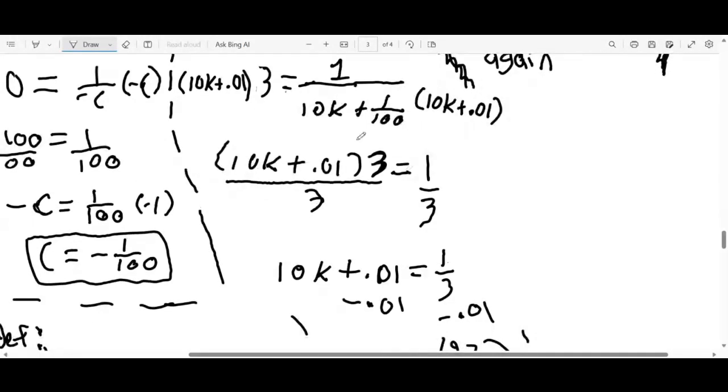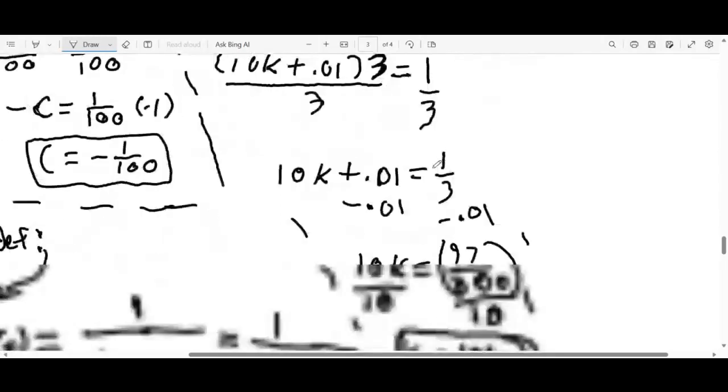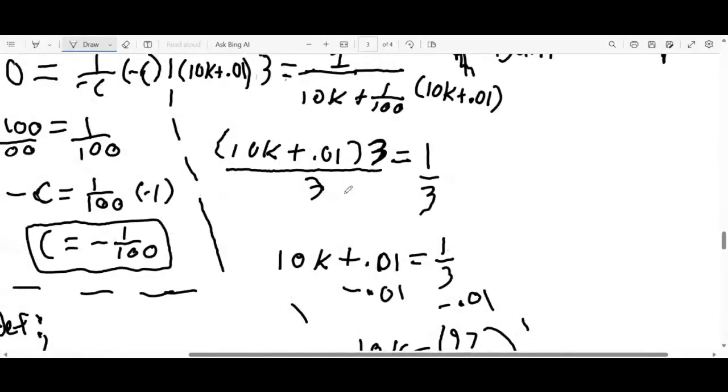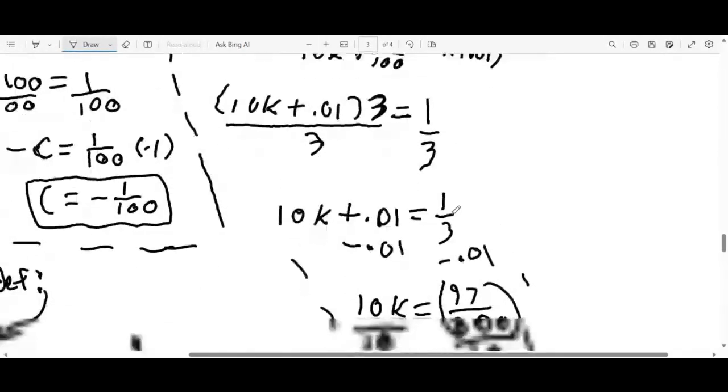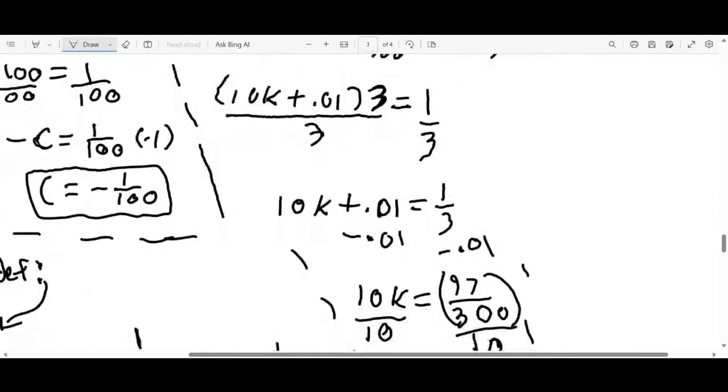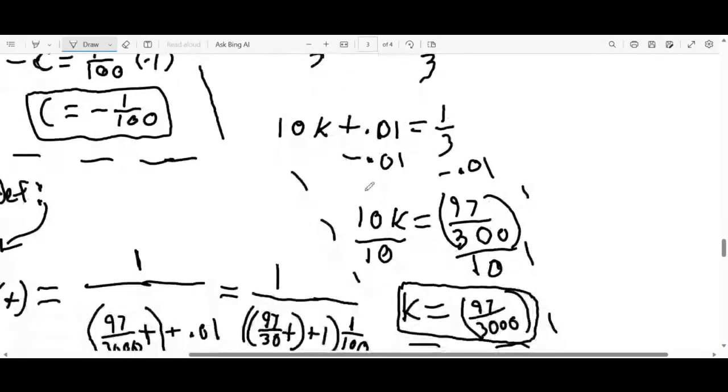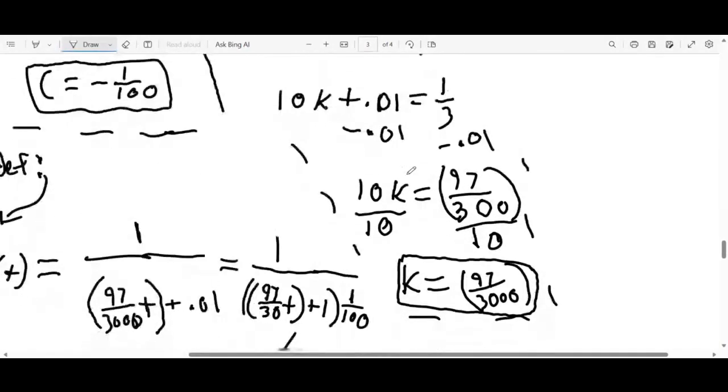Then you have the 10k plus 0.01 out of the denominator. Then you divide by 3 on both sides. You have this inside expression equal to 1 over 3, subtract 0.01 on the left and right.